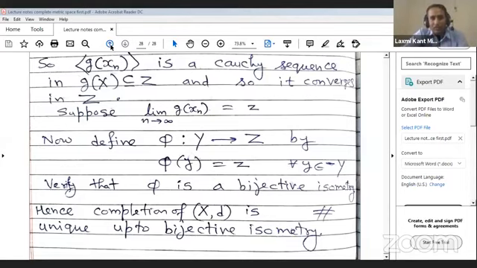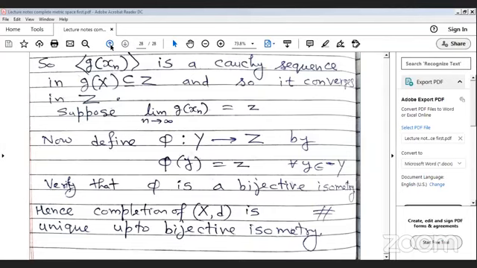Okay. So if we wish to show that a metric is not complete, we just have to find a Cauchy sequence which is not convergent in that set.